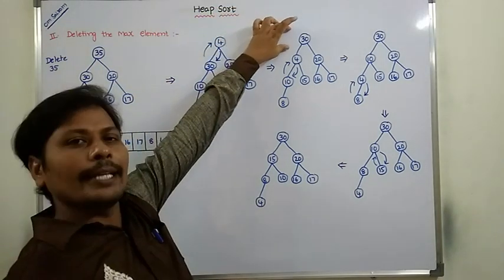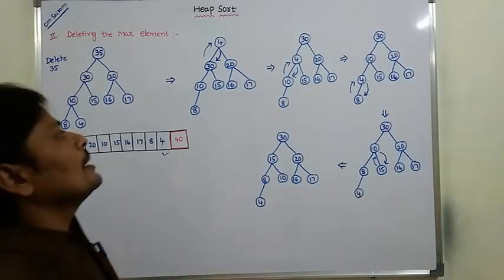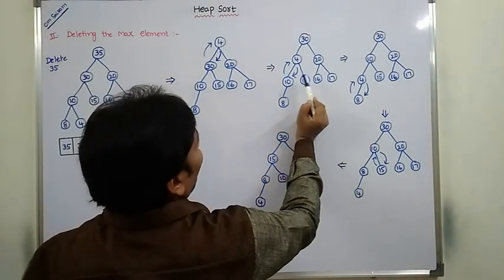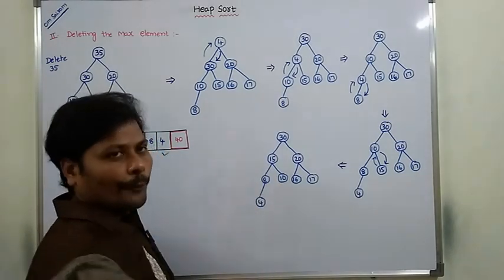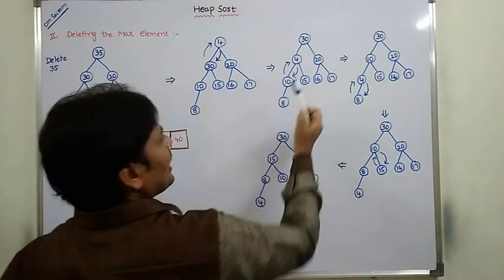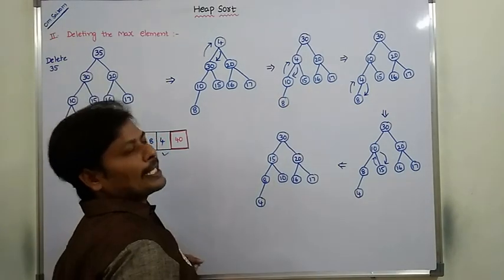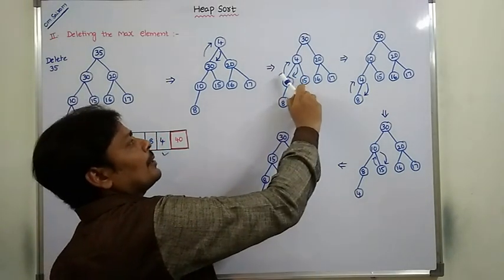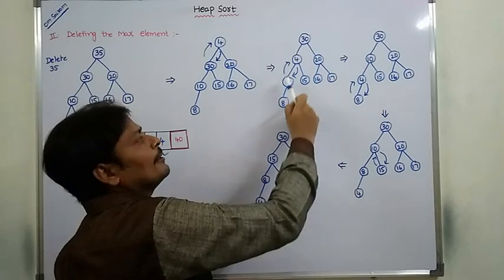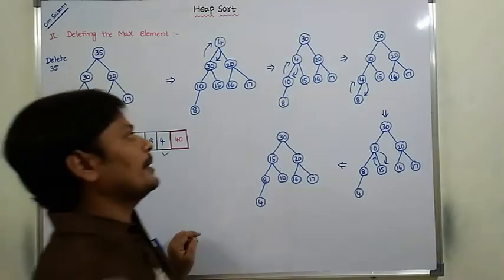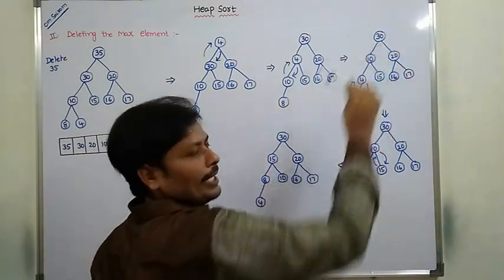Now we are getting this maximum heap. So now here 10 and 15 have the parent 4, so is 4 greater than 10? It is false. It does not satisfy the maximum heap property, so we have to do swappings between 4 and 10. So then we are getting this tree.